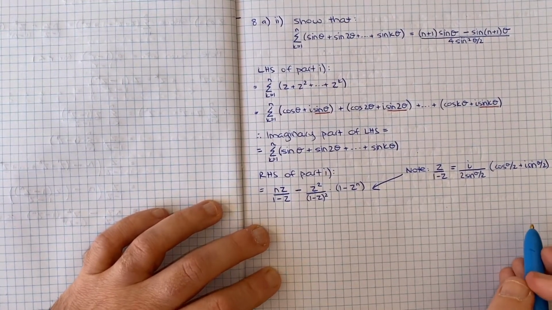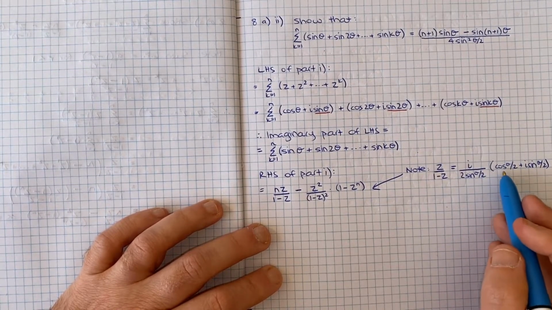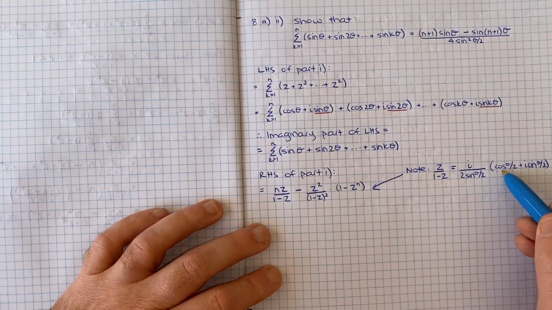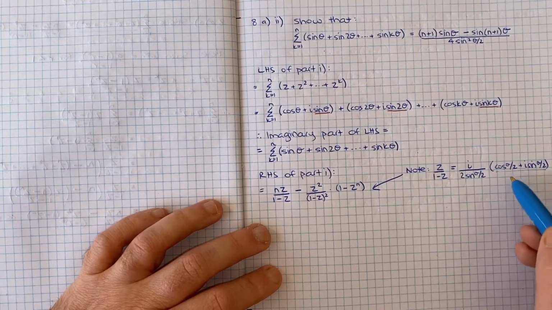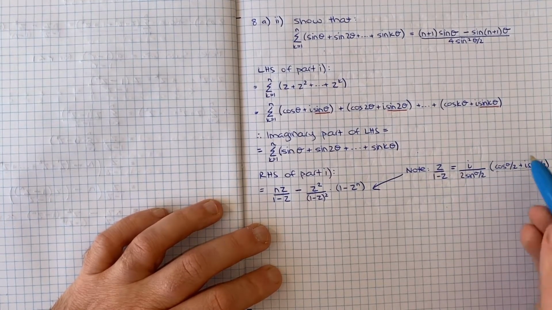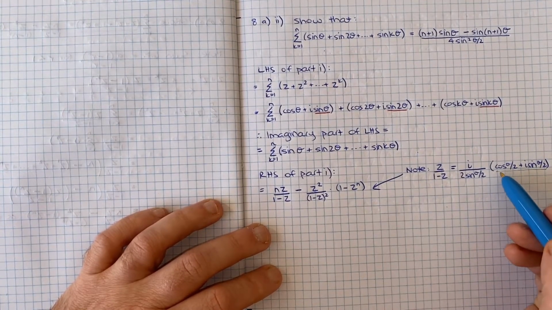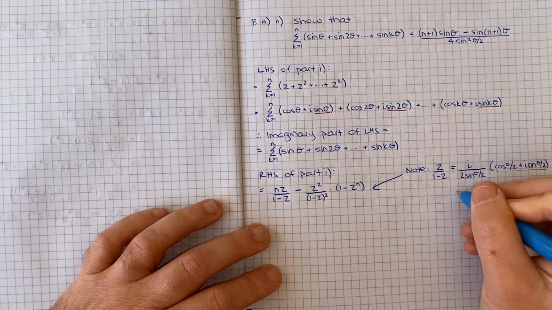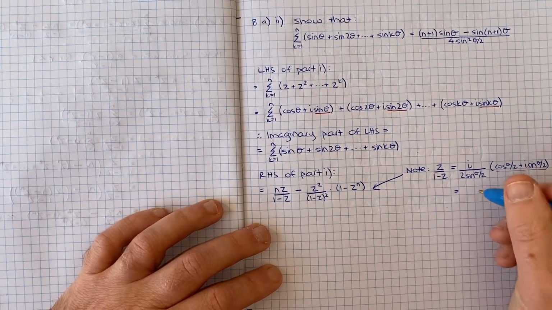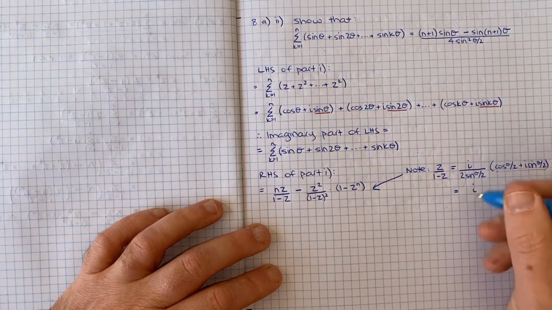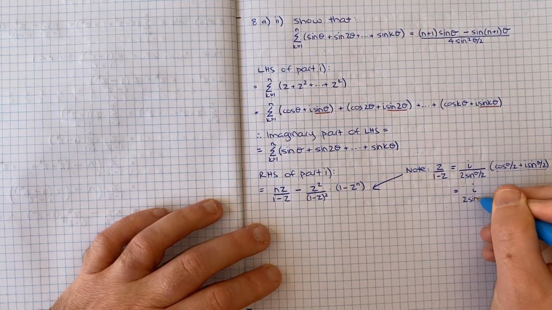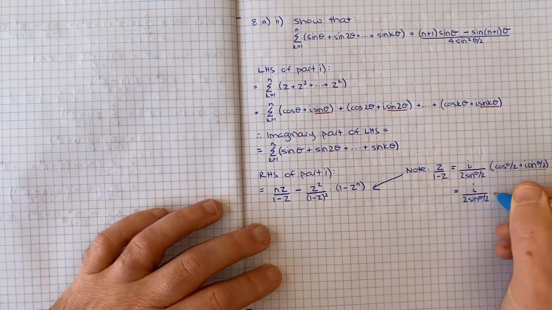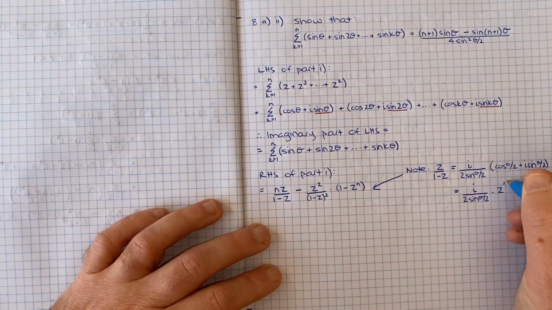And if we think about what cos theta on 2 plus i sine theta on 2 is, using de Moivre's theorem, that's just z to the power of a half. So it might be helpful to point out that that is i on 2 sine theta on 2 times z to the power of a half.